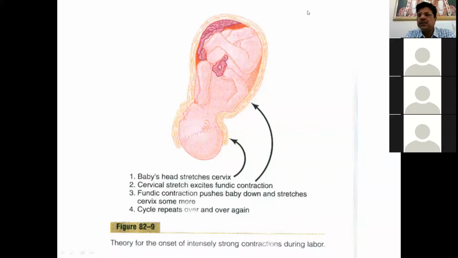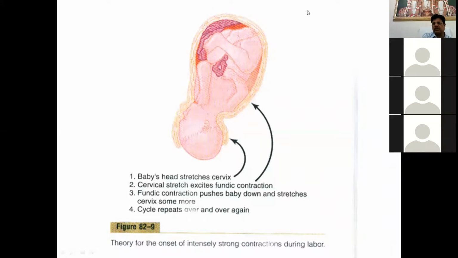Most often we see that it is useful mainly in central diabetes insipidus. Sometimes it may work in nephrogenic diabetes insipidus. But just like there is a synthetic form of vasopressin, there is a synthetic form of oxytocin, syntocinon. But this has to be given intravenously as a slow drip.